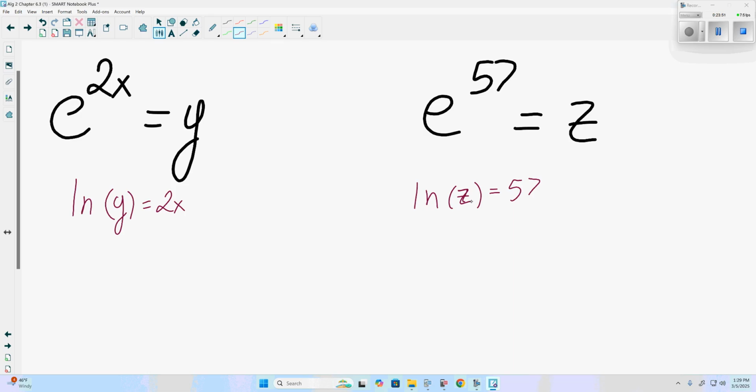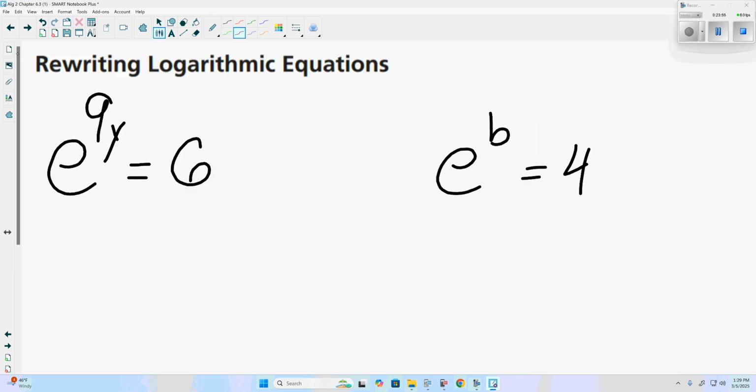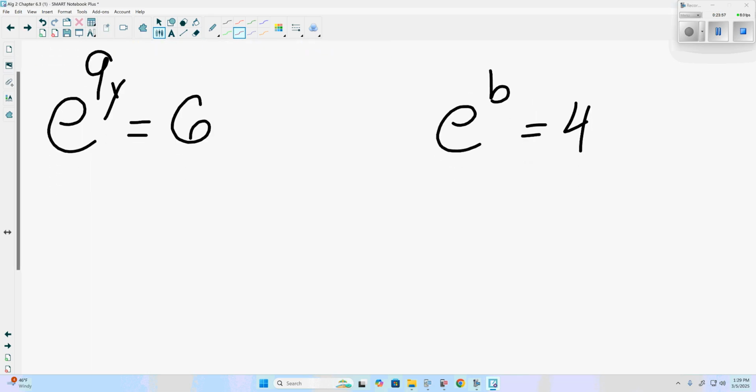It is a little different because the base e isn't written, but it's understood. e to the 9y equals 6. So this would be the natural log of 6 equals 9y. e to the b equals 4. The natural log of 4 equals b.